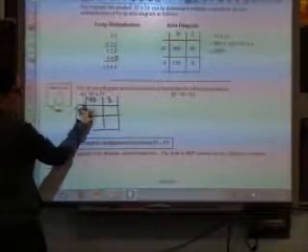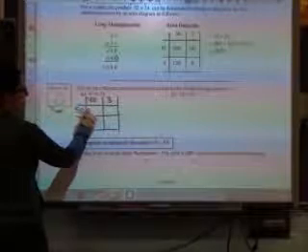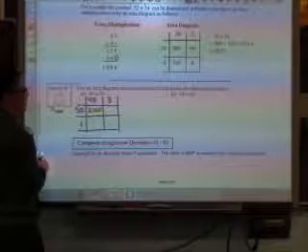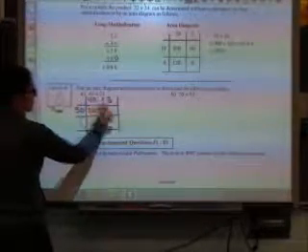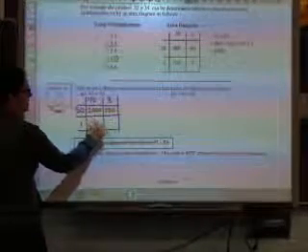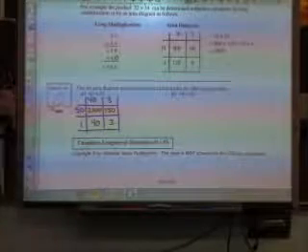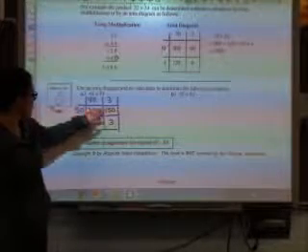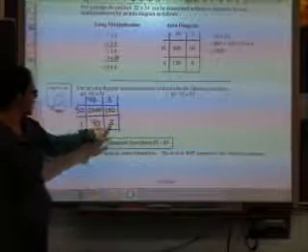So if I take 40 and 50 and multiply them together, 2,000. 3 50s is 150, 140, and 13. So this gives me 2,193.